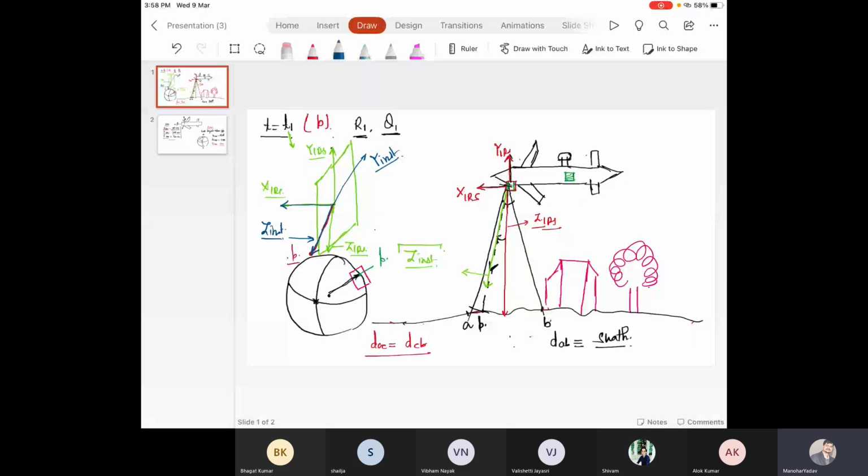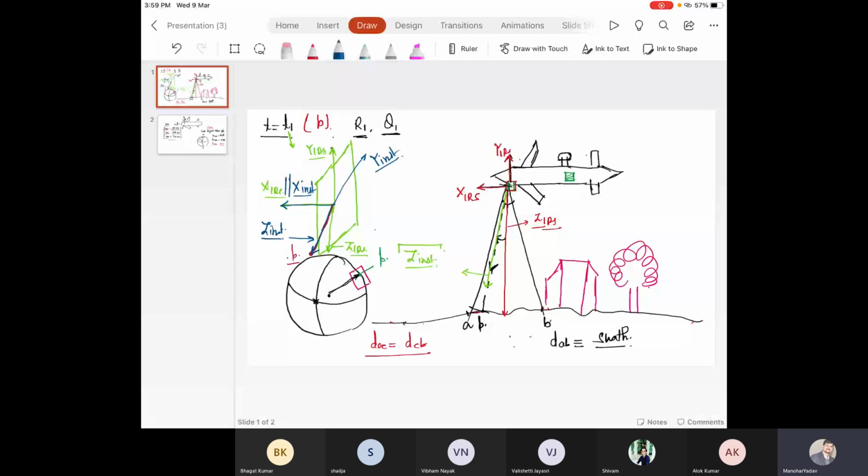So this x instantaneous will coincide with, these two are parallel. Because see, in a particular swath, all the laser beams are fired. What we are doing over here, in a vertical plane, the y IRS and z IRS are defined. X IRS is perpendicular to that plane.